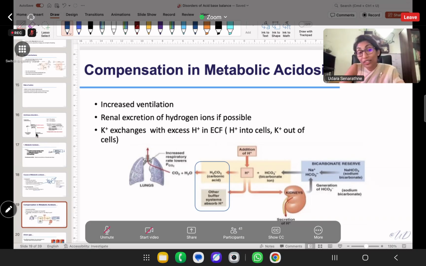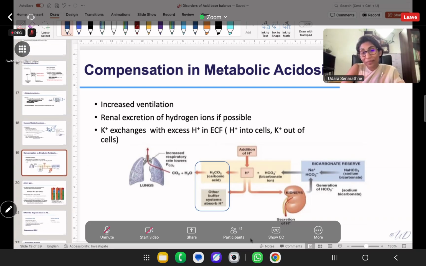But can you go on doing that forever? Can you fully compensate? Is that possible? It's not possible. Why? Because your respiration is also driven by carbon dioxide.